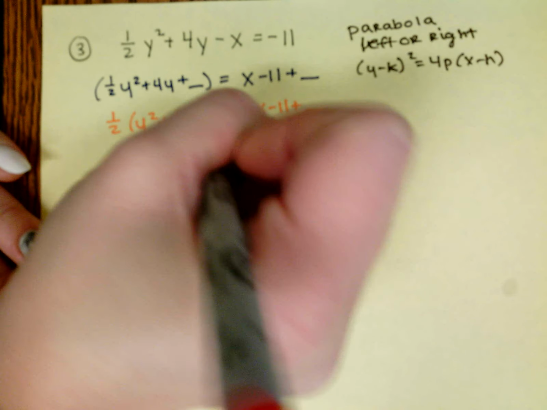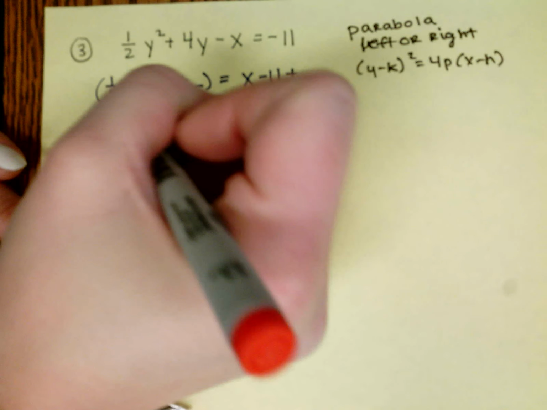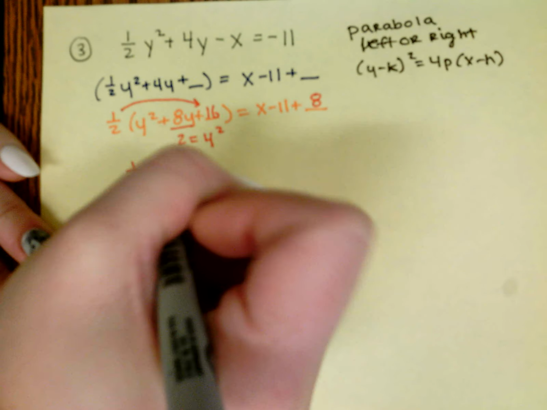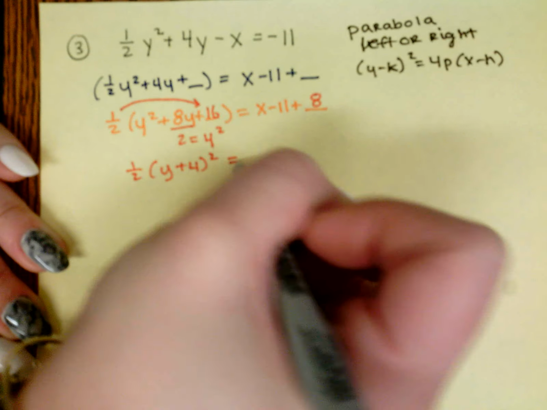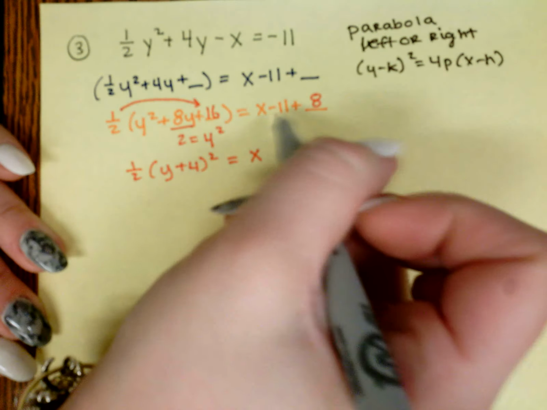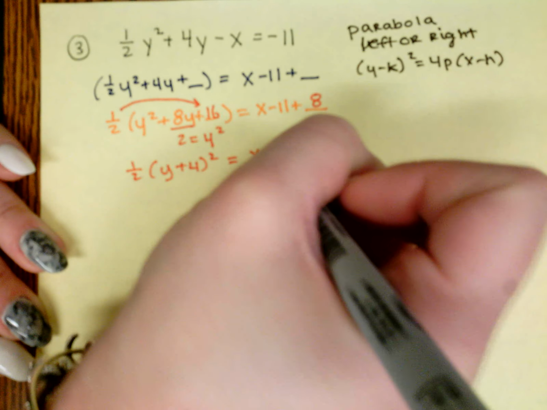Divide by 2 and you get 4, squared is 16. So then what goes over here? When I factor that 1/2 back in, I actually get an 8 right here. So now I've got 1/2 (y plus 4) squared equals x minus 8, minus 11. So 8 minus 11, I believe, is going to be minus 3.